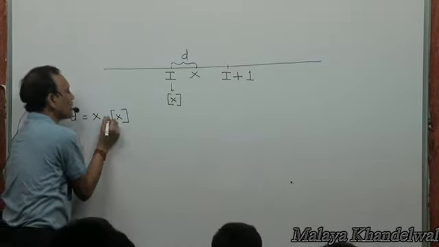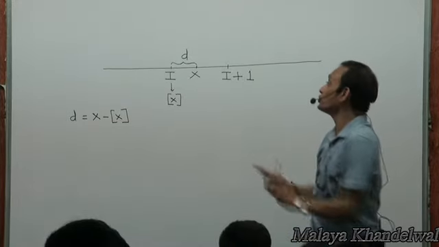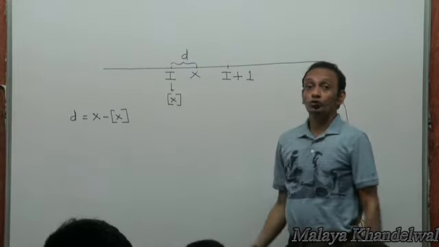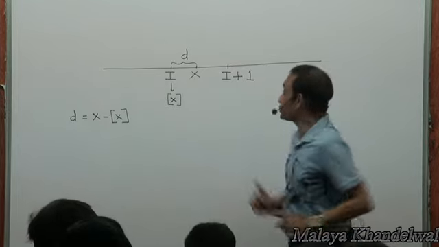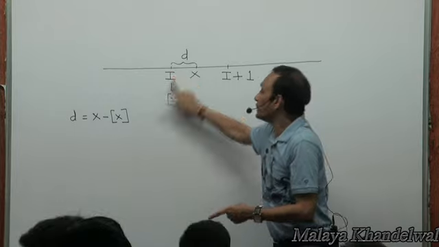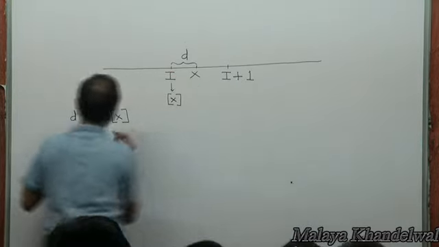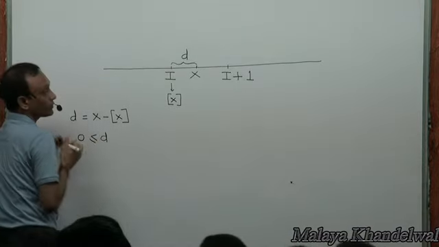So x minus box x is the distance between x and the integer to its immediate left, right? This d will never be negative. It could be equal to 0, because if x coincides with I, then box x will be equal to x and d can be 0. So d is always greater than or equal to 0, right?